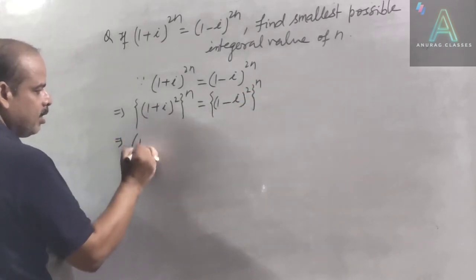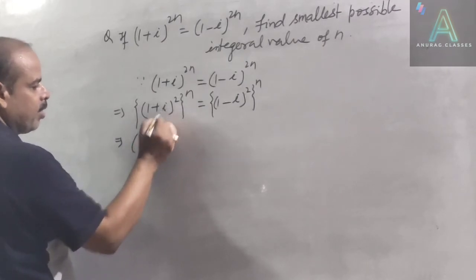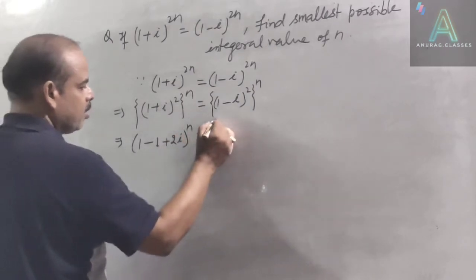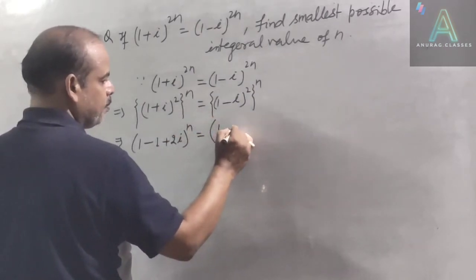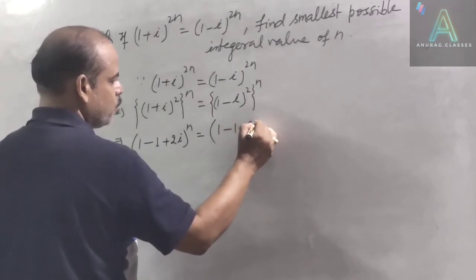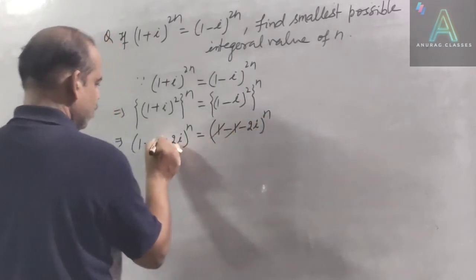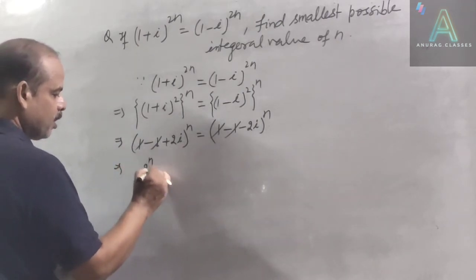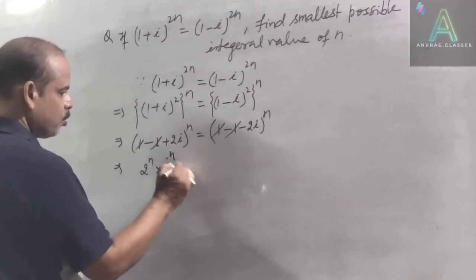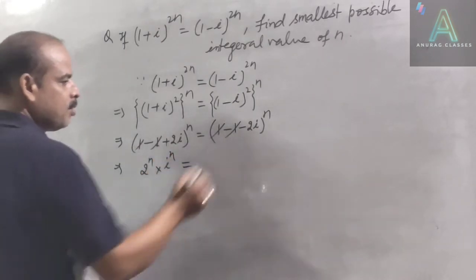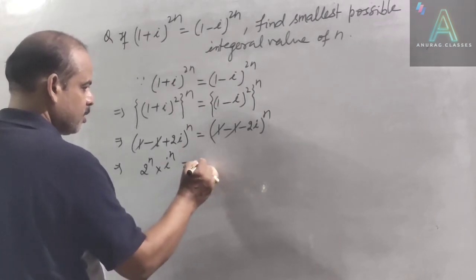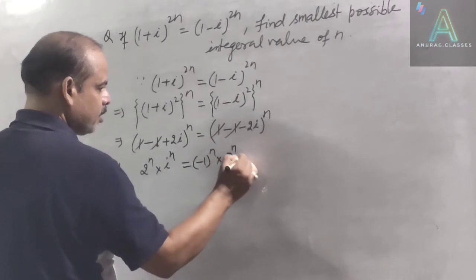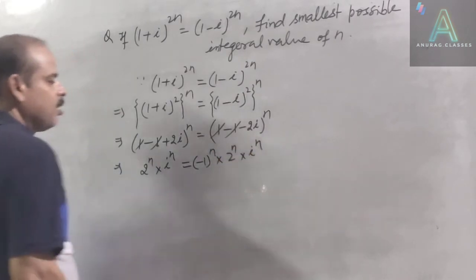On squaring, it is a square plus b square, iota square is minus 1, plus 2ab whole to the power n, and here a square plus b square minus 2ab. 1 cancel, 1 cancel, so we are left with 2 to the power n into iota to the power n, and on right side it is minus 1 to the power n into 2 to the power n into iota to the power n.